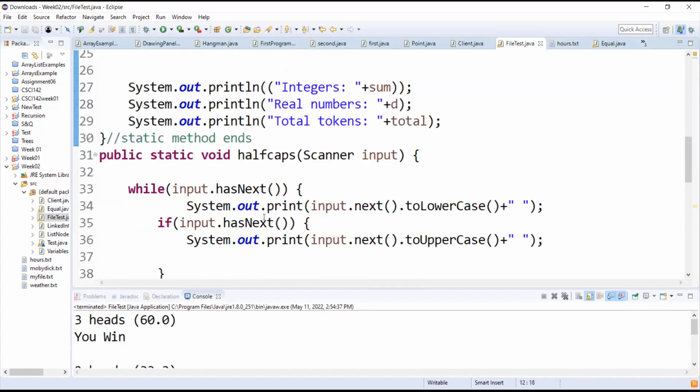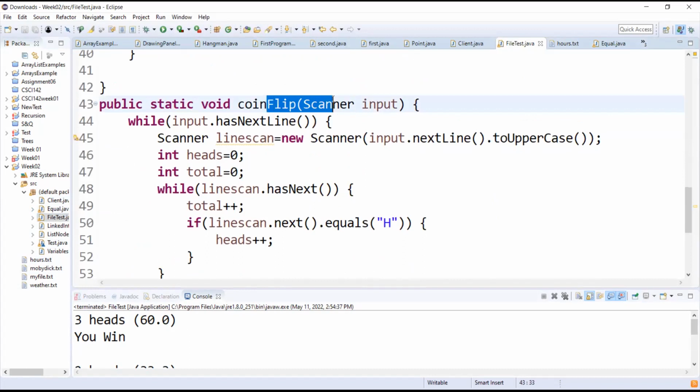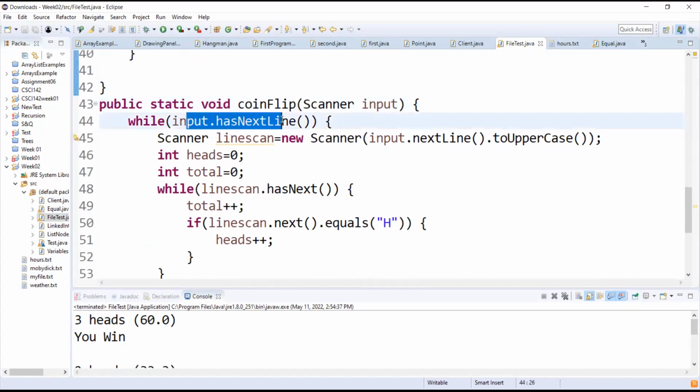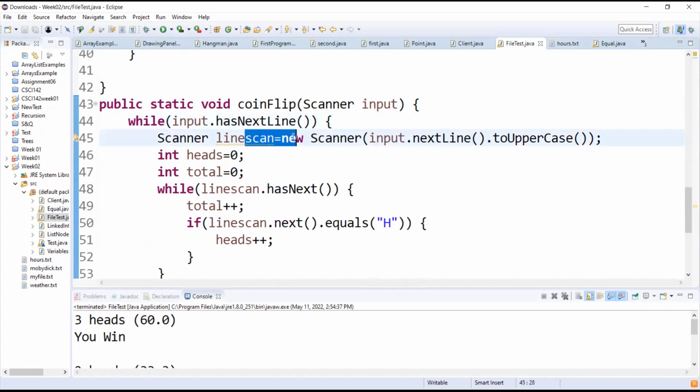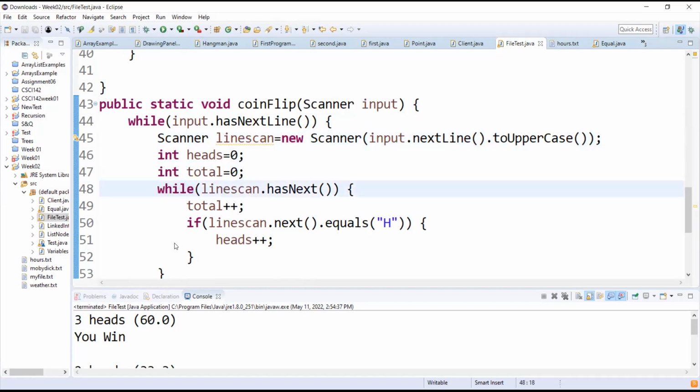Take a look at the code. Any questions so far? We are reading CoinFlip scanner input. We have our next line as we are going line by line. Whenever you are going line by line, you scan the line, new scanner, you're taking the line and converting it to uppercase if there are any lowercase letters, and then int total and heads, counting total heads, as we have to print the percentage of heads out of the total.